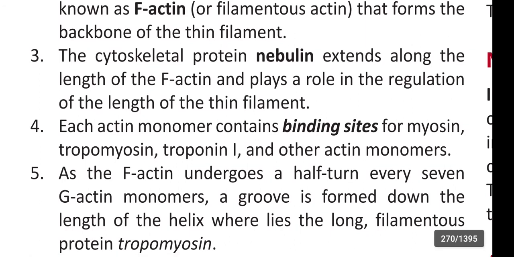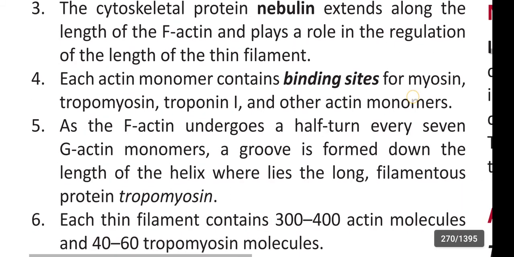Cytoskeletal protein nebulin extends along the length of the F actin and plays a role in the regulation of length of the thin filament. Each actin monomer contains binding sites for myosin, tropomyosin, troponin 1 and other actin monomers.